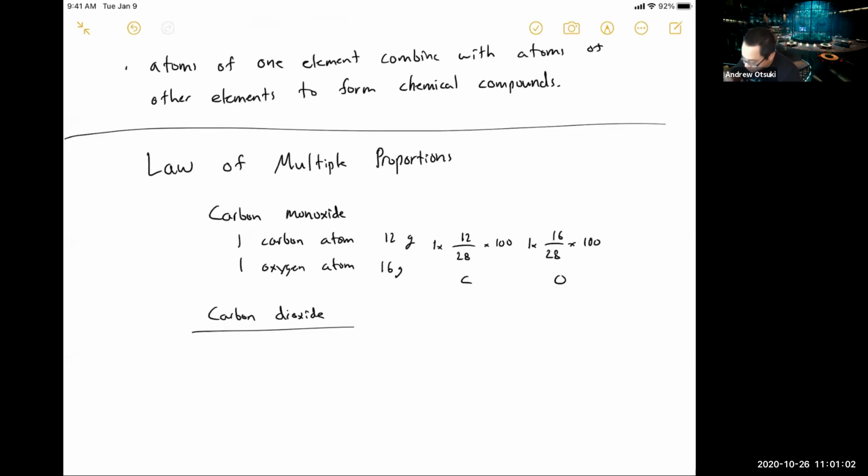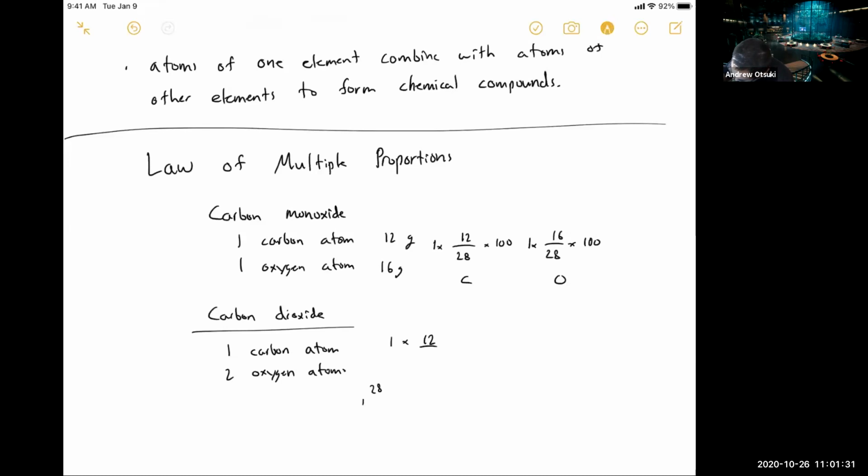But here CO2 is one carbon atom and 2 oxygen atoms. So here we could say we have 1 times 12 over, okay, it won't be 28 now. Let's see, I don't want to embarrass myself here.